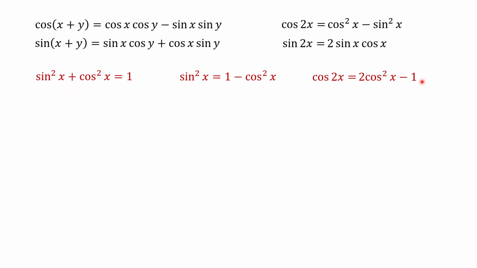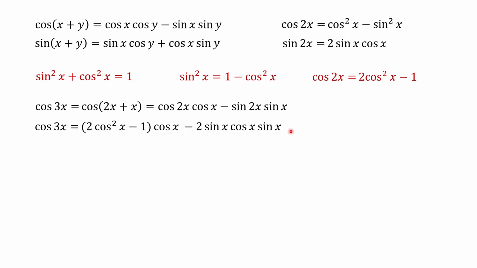So next thing we're going to do, we acknowledge that cosine of 3x is cosine of 2x plus x, right? And then we can use a formula for cosine of sum, which is right here. This is what we're going to get. And now we're going to use this formula for cosine of 2x and this formula for sine of 2x.